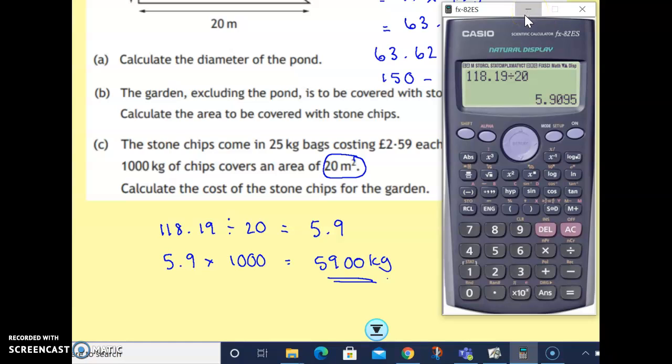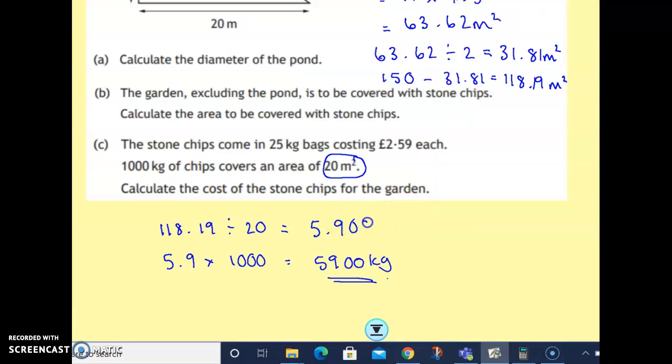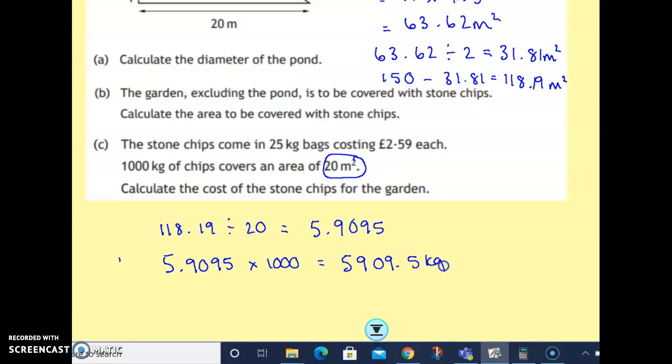Let's go back a wee step. It's 5.9095. I'm going to leave my rounding till later, otherwise we're going to miss some of the kilograms that we need. So 5.9095 times 1,000 is 5,909.5 kilograms. So that's how much I need.